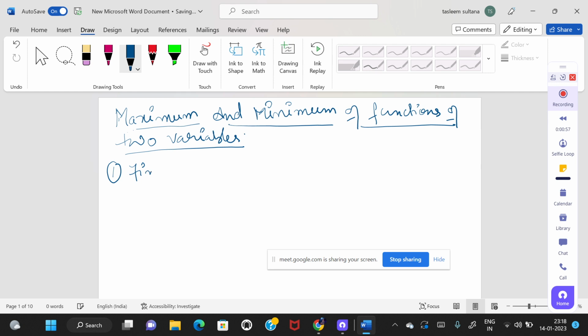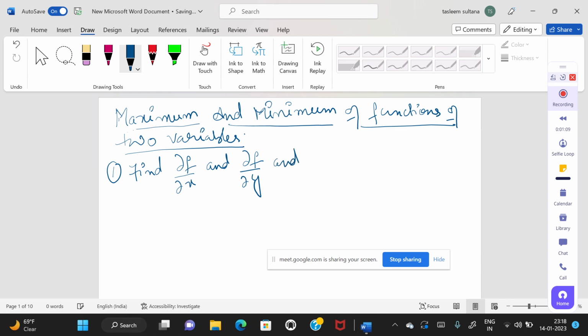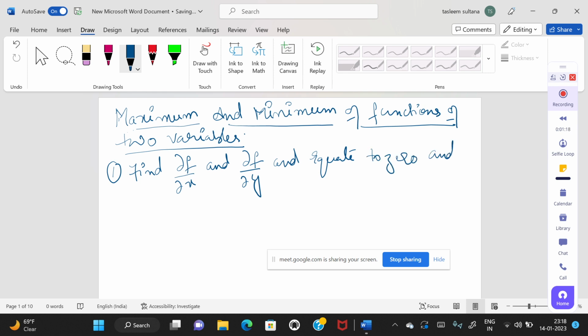Find your dou f by dou x and dou f by dou y and equate to 0 and solve these equations for x and y.